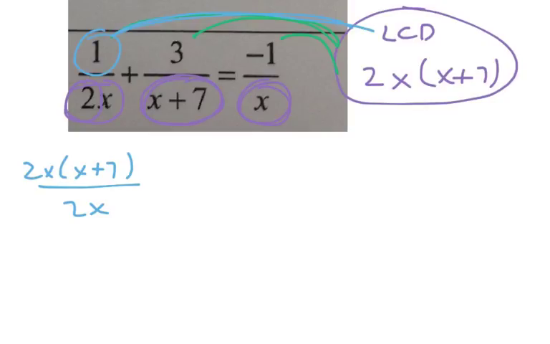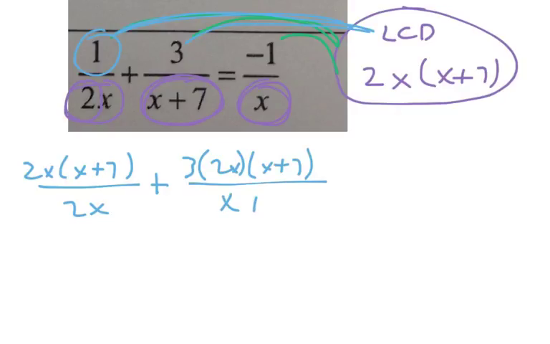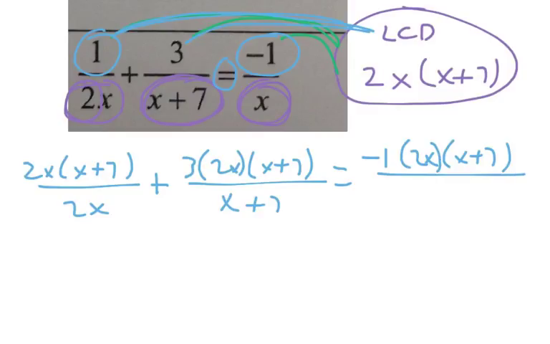Plus, now let's do the same thing with the 3. I'm going to have 3 times 2x times x plus 7 over x plus 7, equals, and then finally I'm going to multiply that negative 1, so I have negative 1 times 2x times x plus 7 over x. Pause the video if you need to.